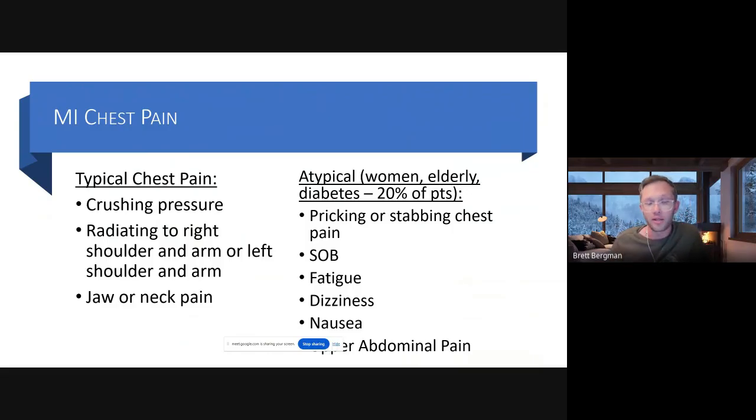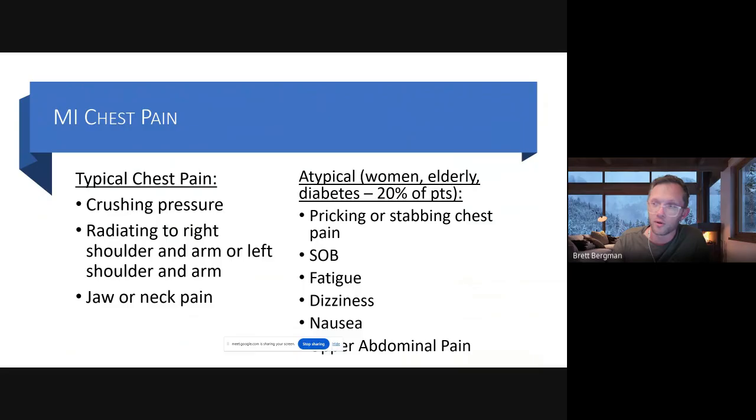And then where you get to those atypical presentations, so women, elderly, diabetics, you can have a stabbing chest pain. They may not have any chest pain and just have really significant shortness of breath or fatigue. You can get dizziness, you can get nausea.